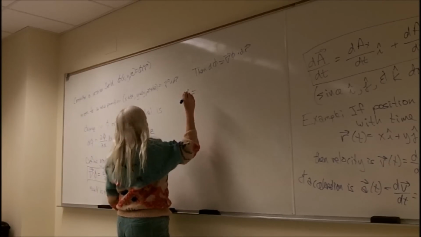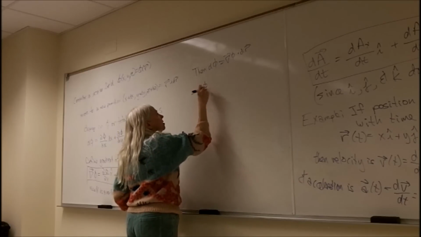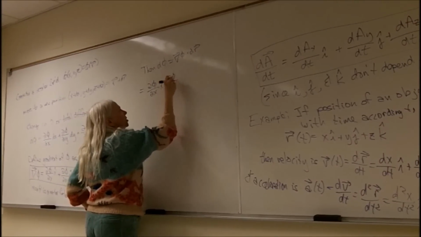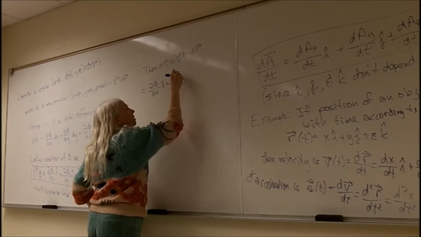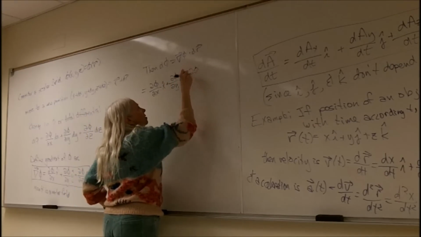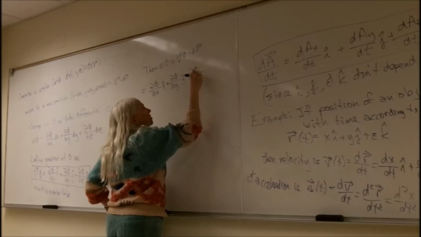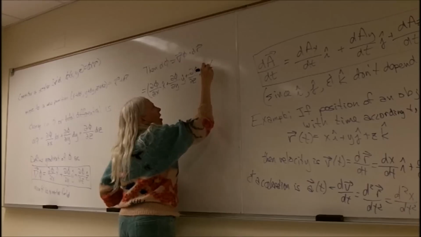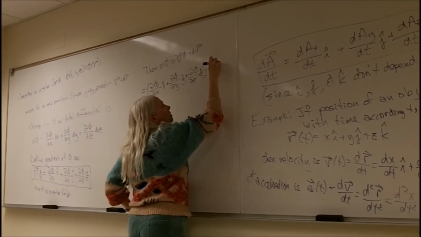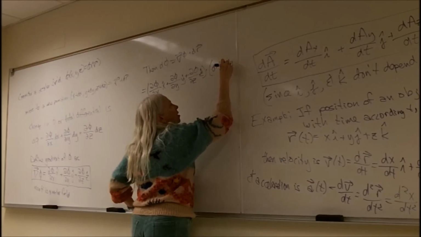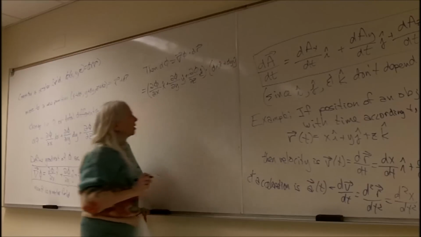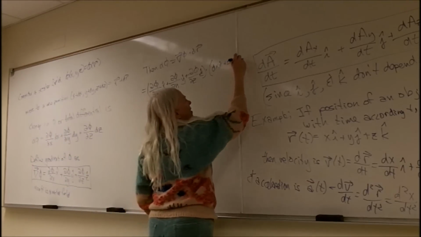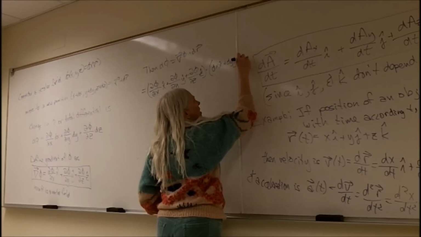Because the gradient of phi, again, if I write out the definition of that right here, I'm going to dot that into dr, which can be written in terms of components as dx times x hat plus dy times y hat plus dz times z hat.